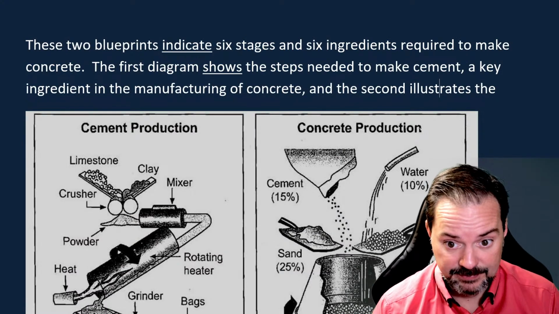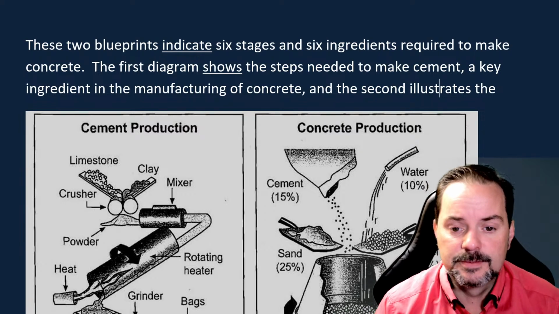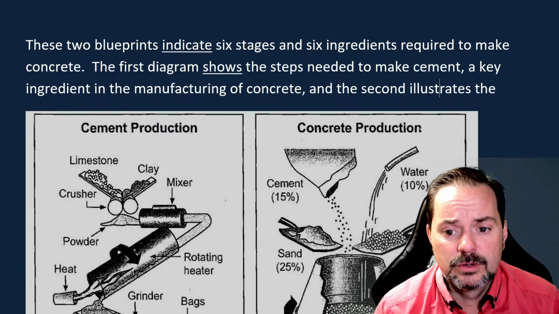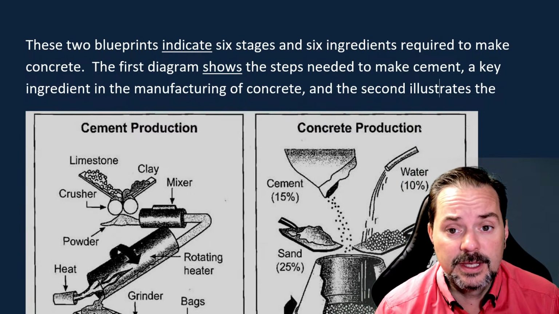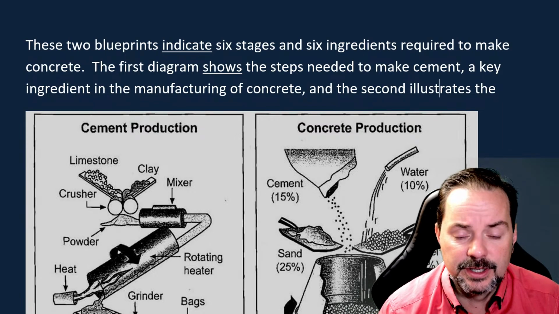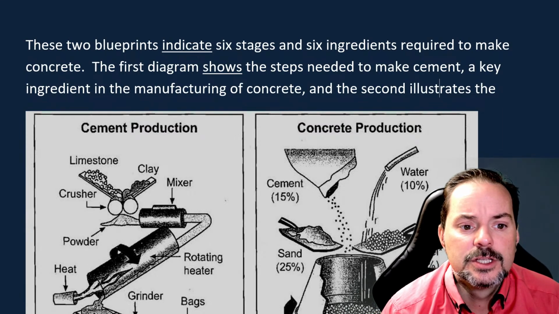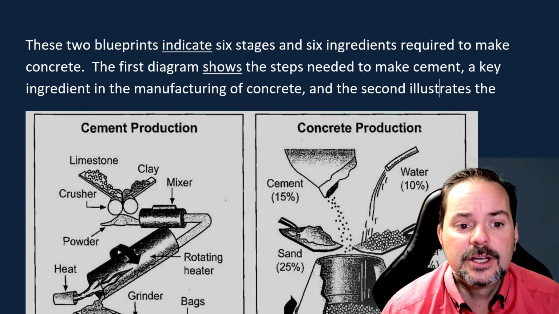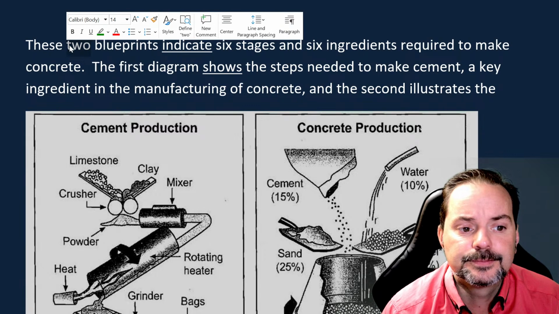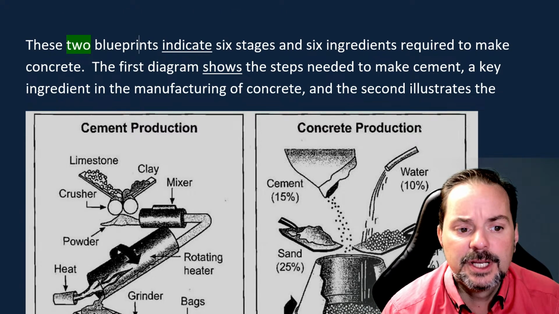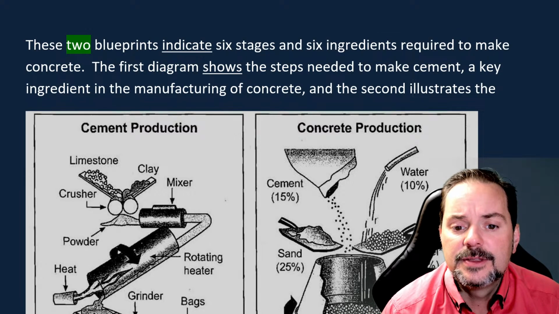Try to avoid that. You'll get better band scores because vocabulary or lexical resource is one of the key marking criteria in the writing section, okay? So indicates, in here it's, notice that it's indicate, there's no S because it's plural, it's two, okay? But here it's one diagram, so it shows with an S, and then here it's second illustrates with an S, right?